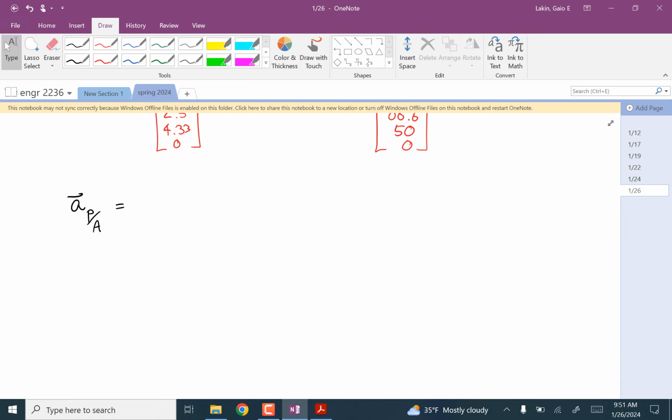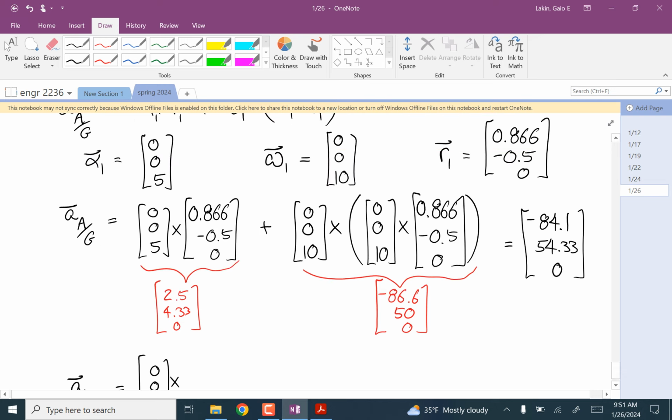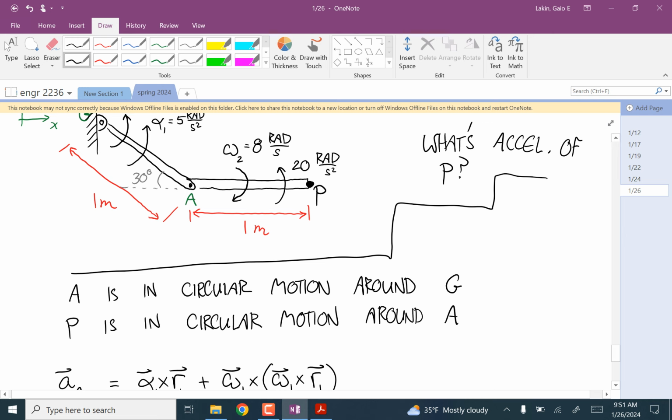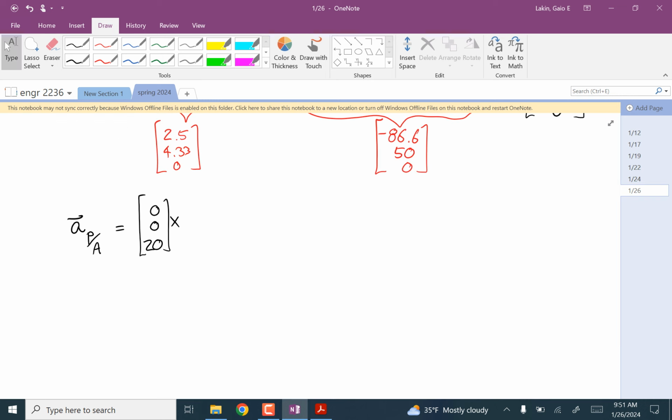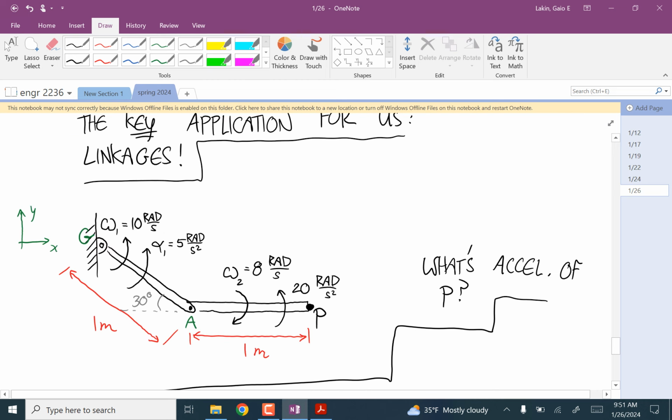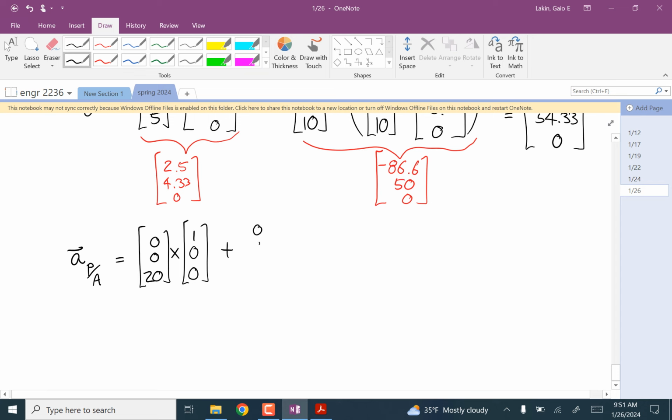Okay, so we have 0, 0, 20 crossed with the vector from the center of that circular motion, A, to the point we care about. So that's just going to be 1, 0, 0. Plus 0, 0, negative 8 crossed with 0, 0, negative 8 cross 1, 0, 0.